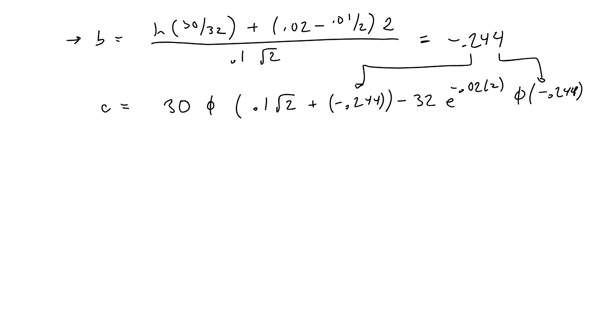And the formula for this is 30 times the CDF for standard normal of sigma times the square root of T plus B, minus k e to the negative a times capital T, times the CDF of B. Let me remind you what we're getting here.